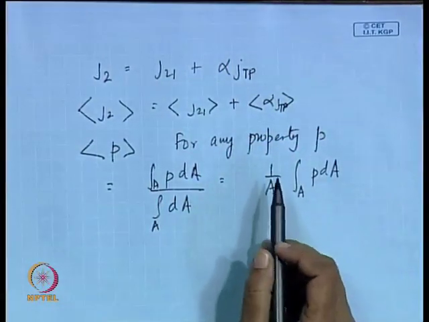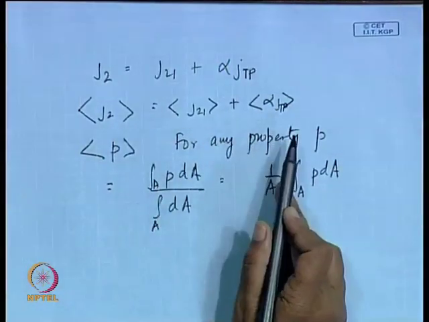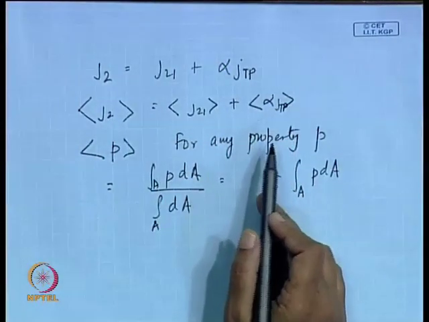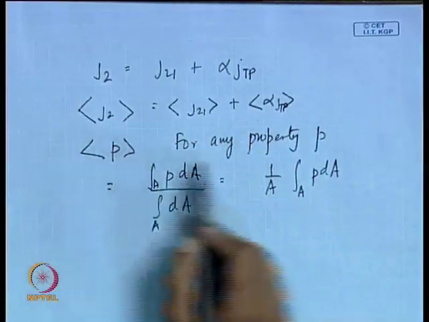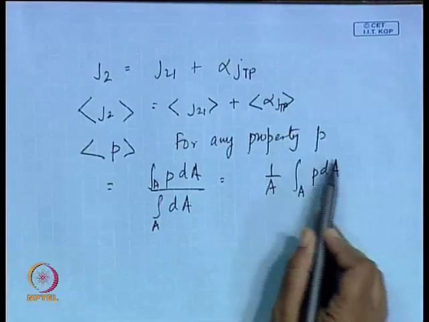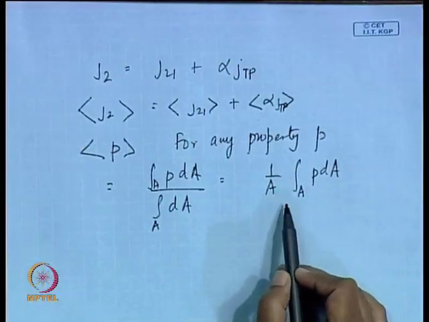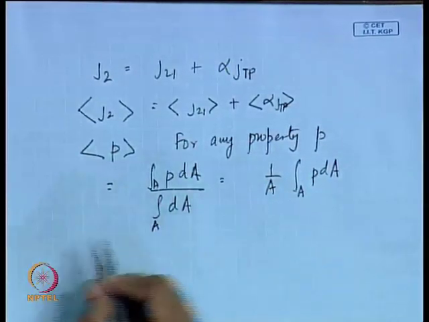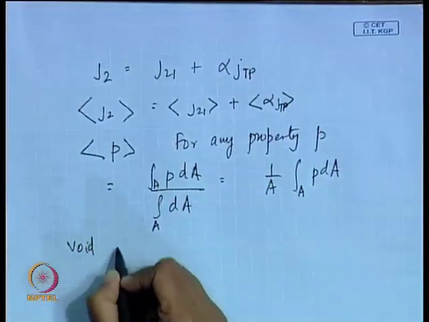Now, we find that all of them are average quantities, where, as I have told you, this bracket for any property simply denotes the area averaged value over the cross sectional area. And for the void fraction there are two terms.